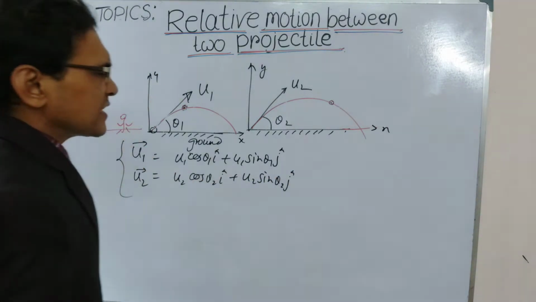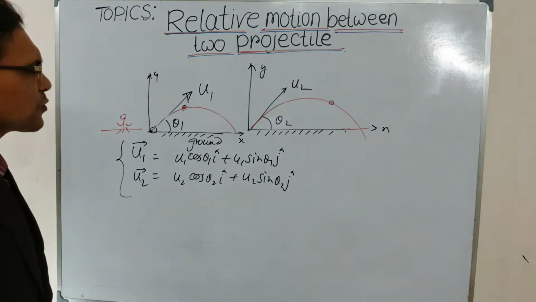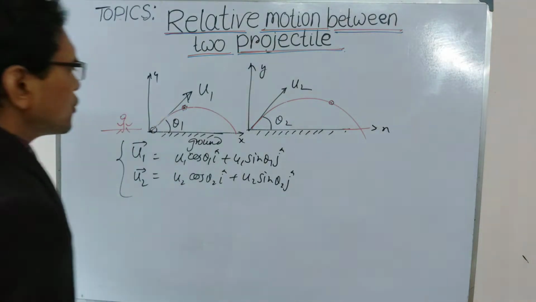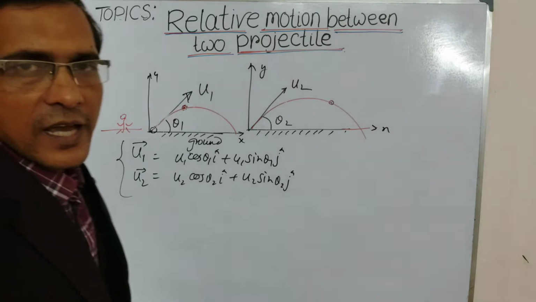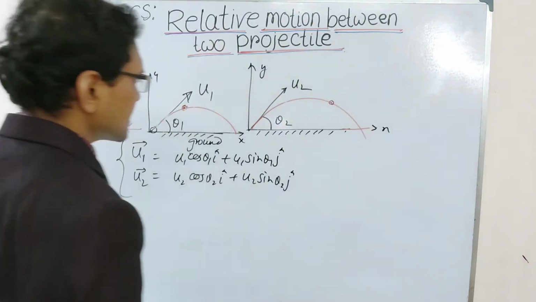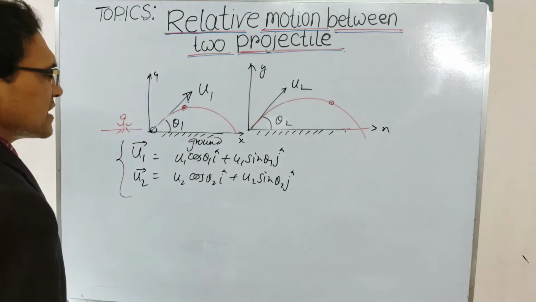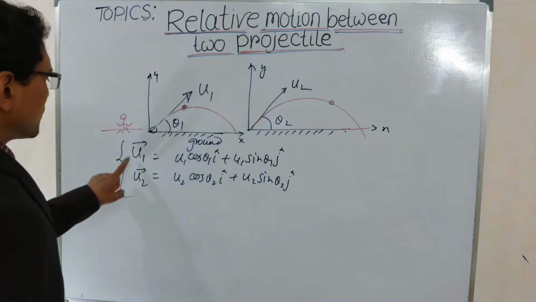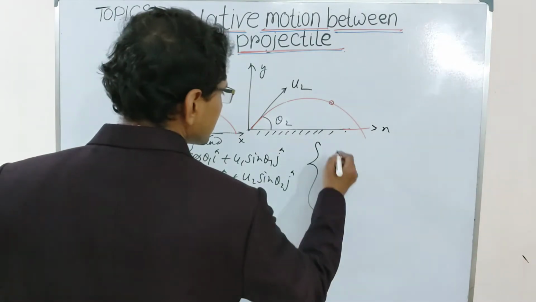I have told many times that when we discuss projectiles, we always resolve the velocity and acceleration along two directions, the x and y directions. So we resolve the velocity, and now we resolve the acceleration.